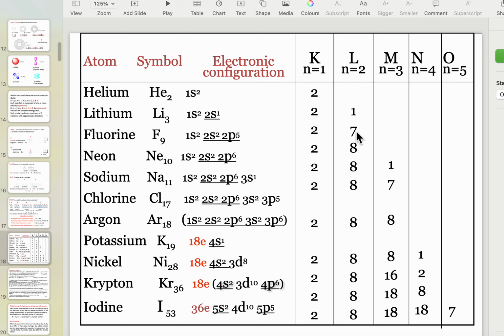If you come to neon, same thing, filling 1s2 first, next orbital 2s2, third orbital 2p6. So the atom neon is filled with 10 electrons. There are no empty or singly occupied orbitals. They are all full, 2 and 8.